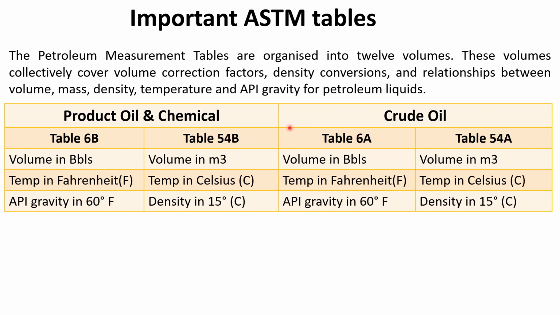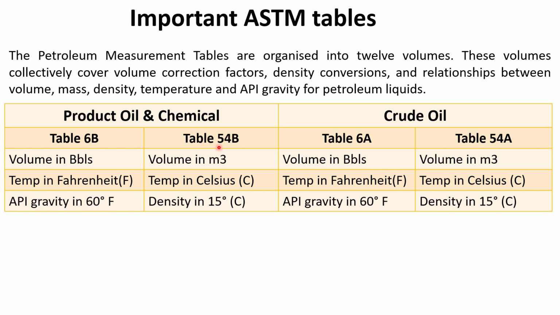If you are serving on an oil and chemical tanker, you need to have ASTM table 6B and table 54B, right? Whereas if you are serving only on a crude oil tanker, carrying only crude, you have to use table 6A and table 54A, right? Table 6B will give you volume in barrels, temperature in Fahrenheit, API gravity at 60 degrees, right?